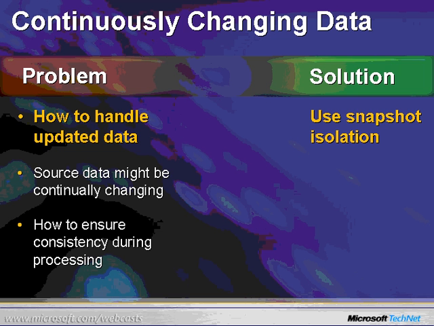That way, when analysis services starts to read the data into the cube, all the data that's read will be as it was at the time analysis services started the transaction. Therefore, we have a complete snapshot of the database taken when analysis services starts the transaction and pulls that data over. At the instant that happens, we get that complete snapshot.